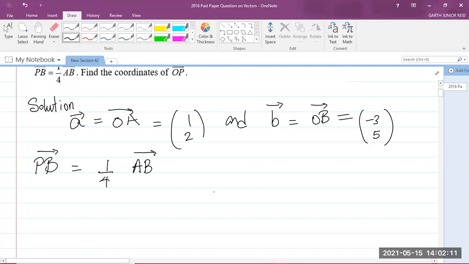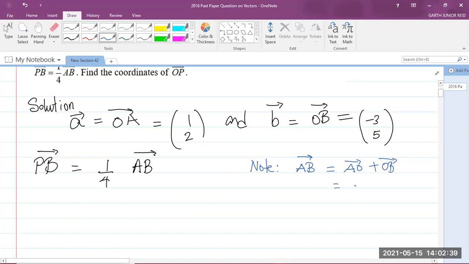Good. Now, please note here, I'm going to put it in blue for you. Note that the vector AB, so we're starting at A, ending at B. A is called the initial point or the starting point, and B is called the terminal point or the ending point. And that is equal to the vector AO plus the vector OB.